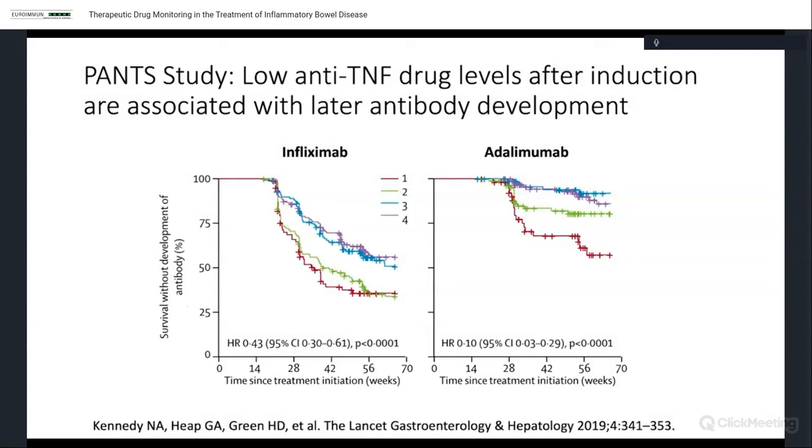And you see that those with the lowest quartiles of drug levels had the highest rate of development of anti-drug antibodies in both the infliximab and adalimumab treated patients. So low drug levels at the beginning of treatment are strongly associated with the development of anti-drug antibodies.